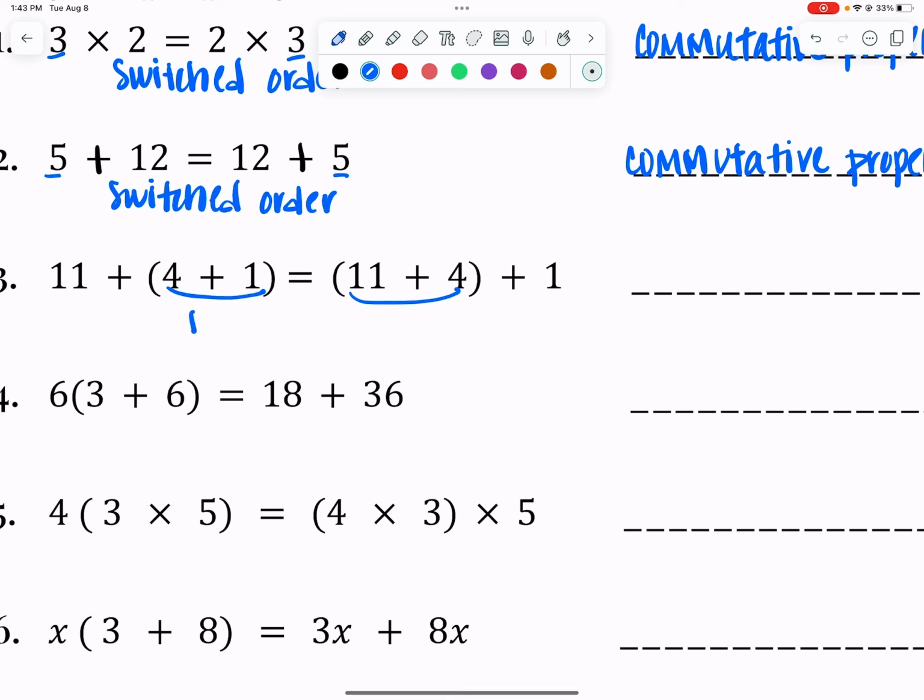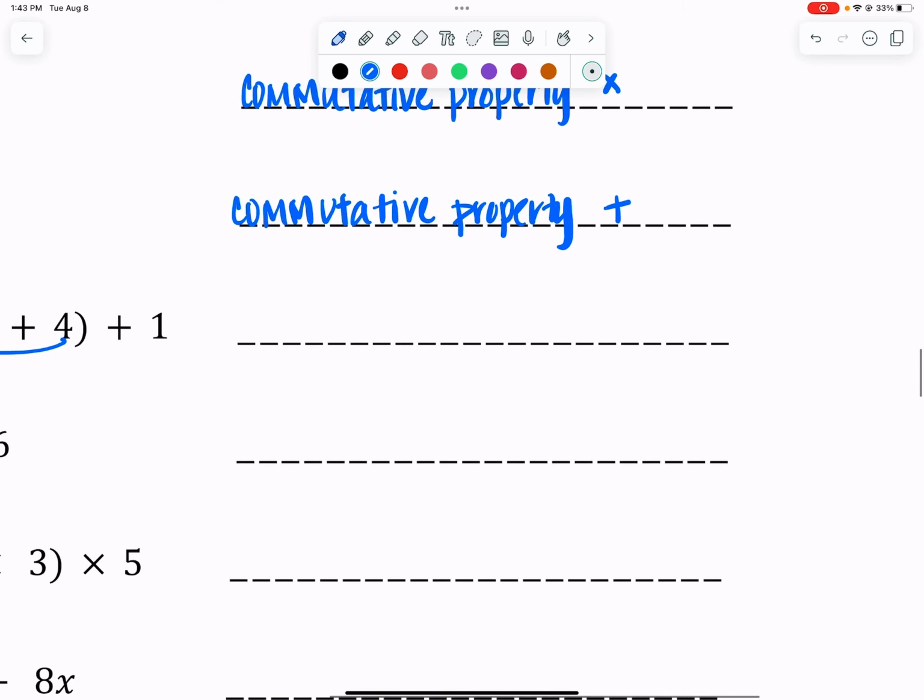So it looks like we regrouped. That regrouping property was the associative property. And we are adding, so that will be of addition.